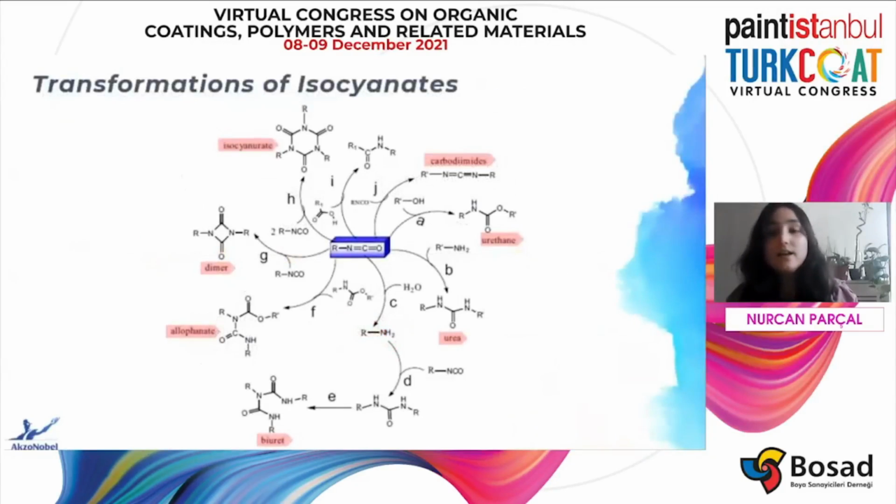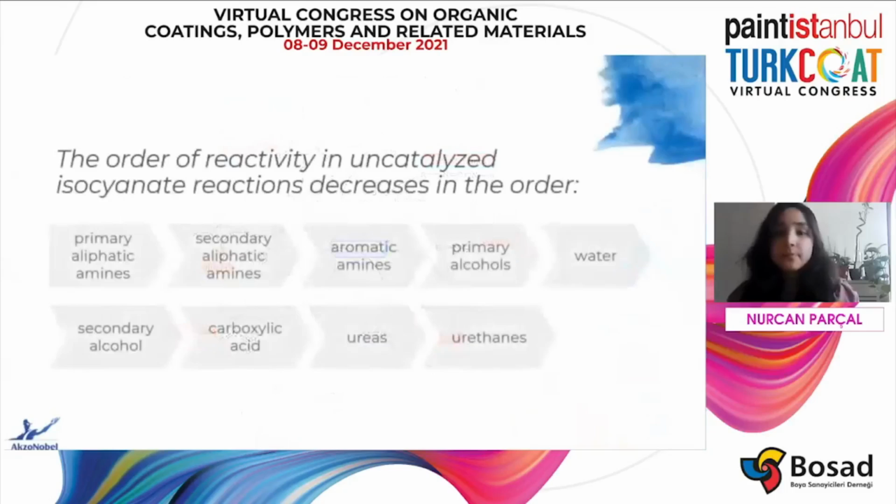Isocyanate is a highly reactive molecule due to the nucleophile carbon atom between nitrogen and oxygen atoms, which are extremely electronegative. Isocyanates can react with active hydrogen atom containing molecules such as alcohols, amines, water, and carboxylic acids.